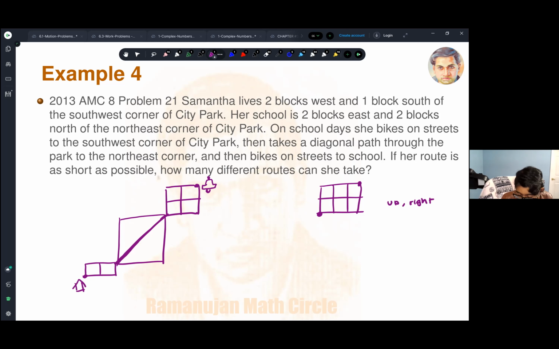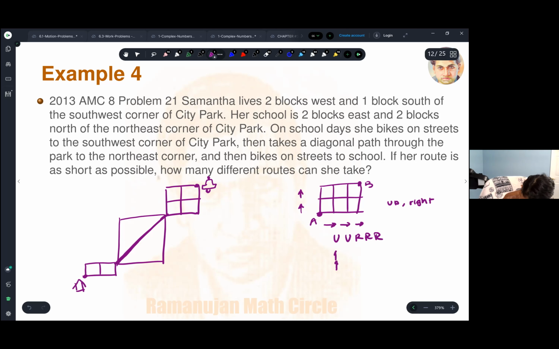So to get from A to B, you would have to go up twice, because you have to cover this, and then you have to go right 3 times. You can order these in any way, and it would get you to B. For example, if you did U, R, that would be equivalent to going up, right.